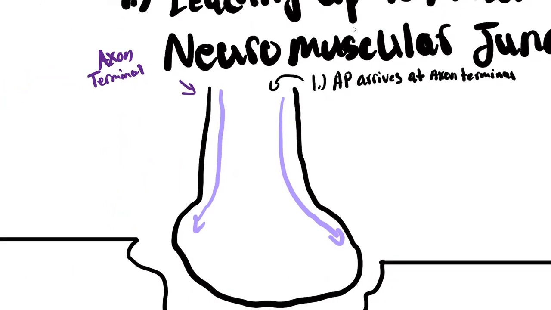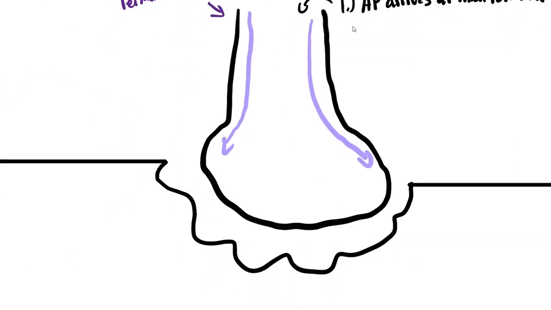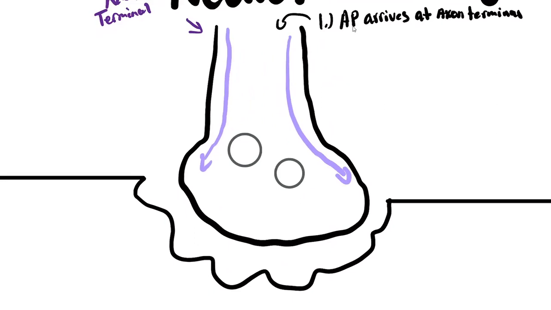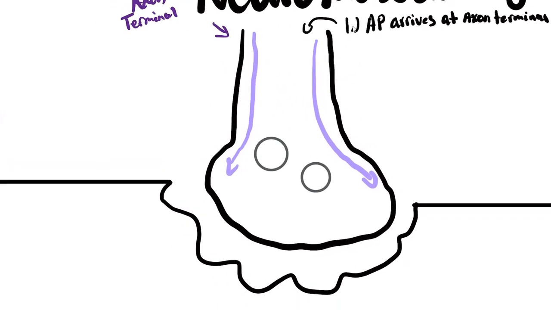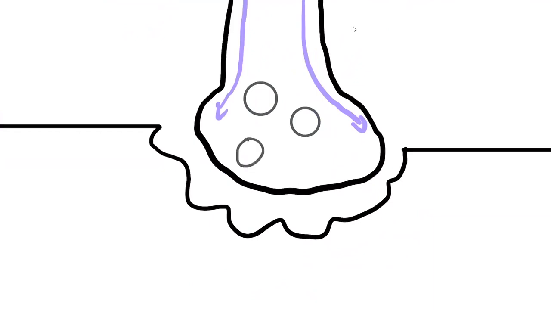And then we have these synaptic vesicles. These are going to be carrying the neurotransmitters.